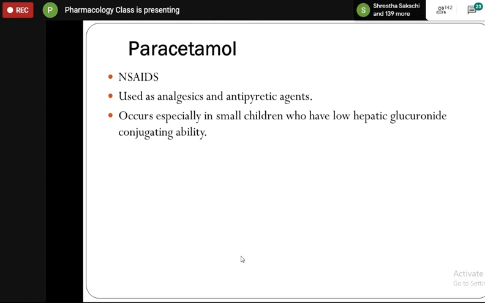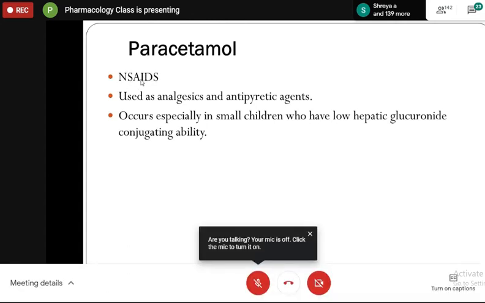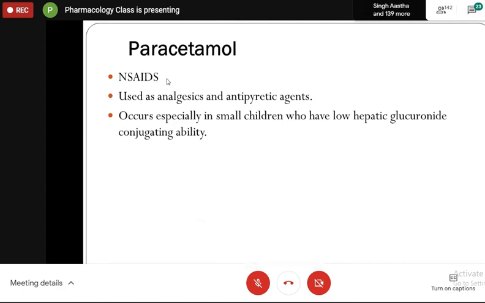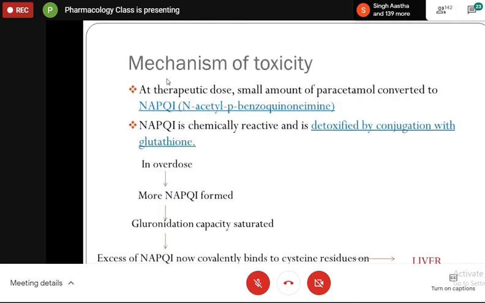As you all must know, this is a household drug, also a non-prescription drug, used mainly as an analgesic or an antipyretic. It belongs to a therapeutic group called NSAIDs, that is, non-steroidal anti-inflammatory drugs. So don't worry, we just have to know about its mechanism of toxicity.